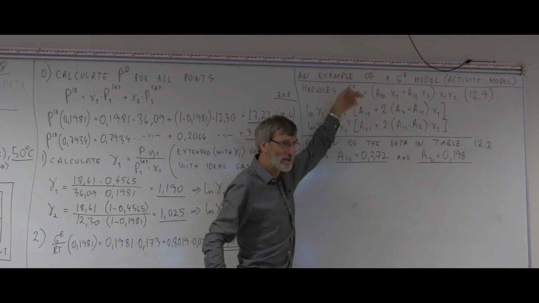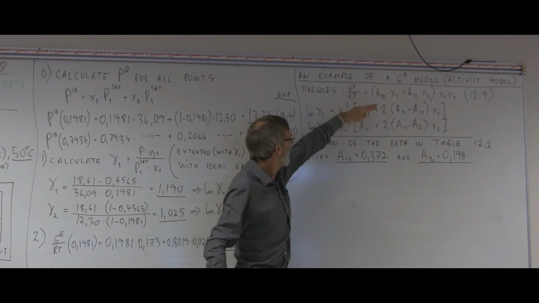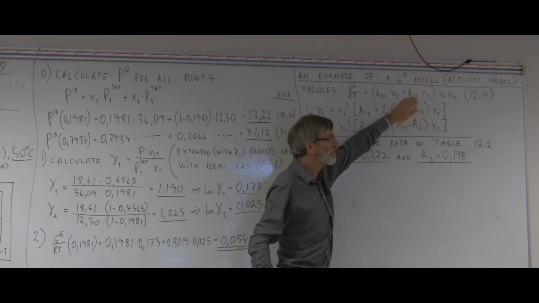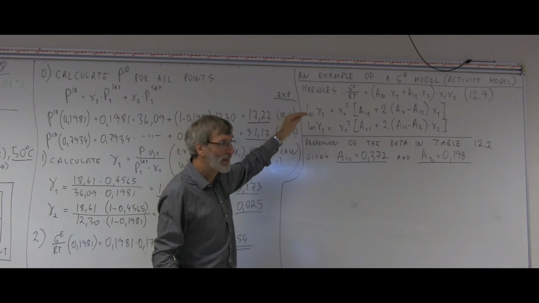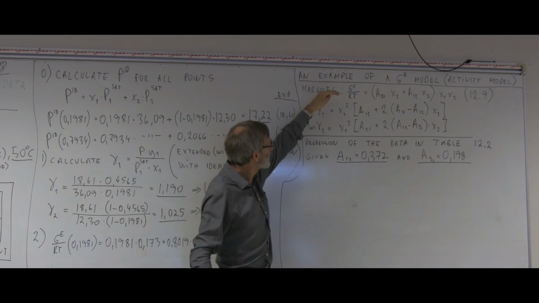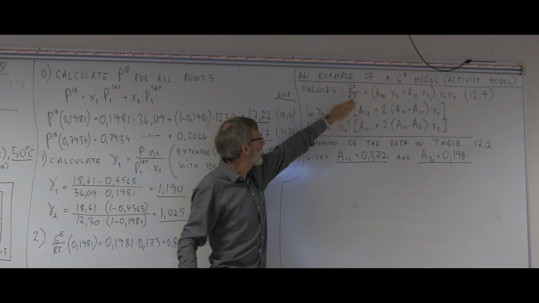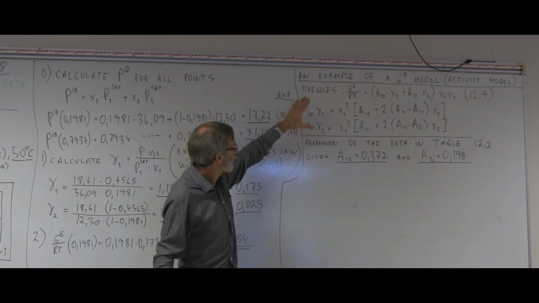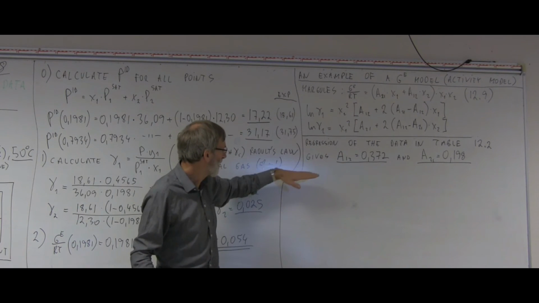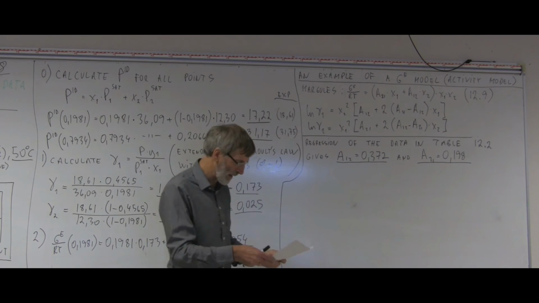It is a numeric optimization of A21 and A12, which are the parameters, so that the difference between the experimental GE over RT and the model GE over RT is at a minimum. And that gives these two parameters.